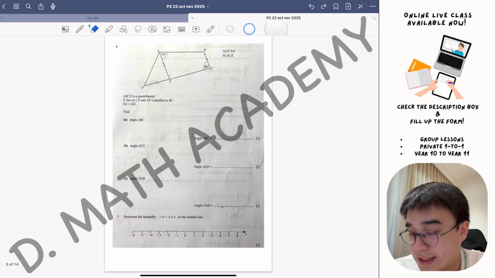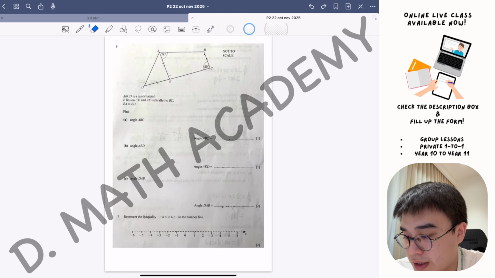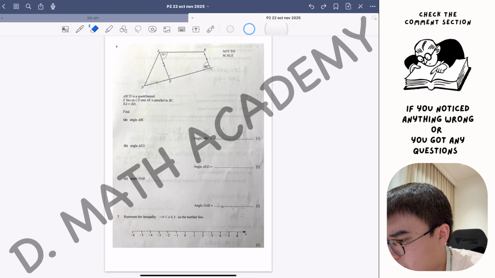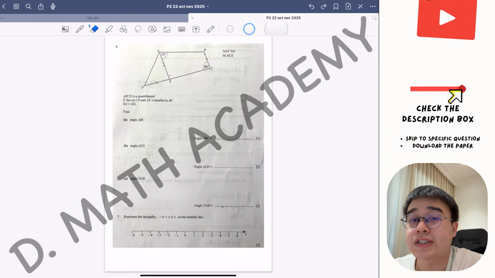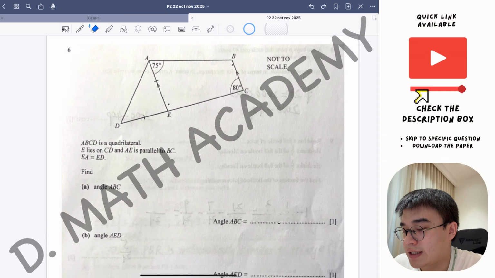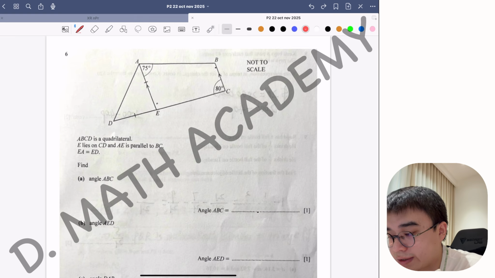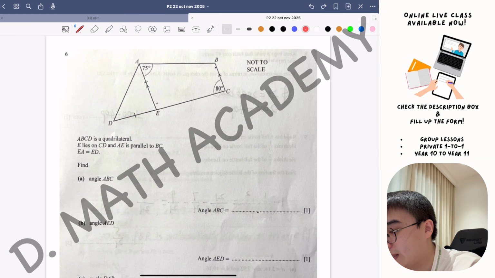In question 6, we are being tested regarding corresponding angles. First thing first, angle ABC. Where is angle ABC located? It's actually here.